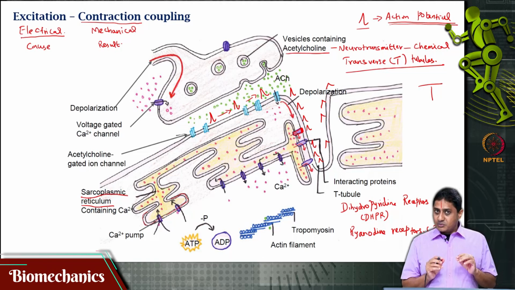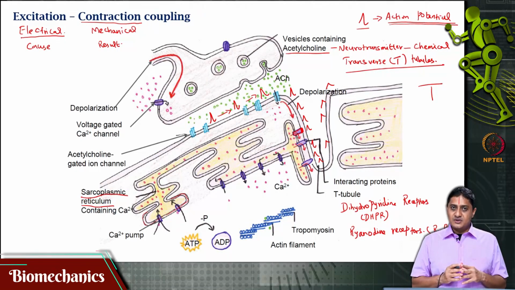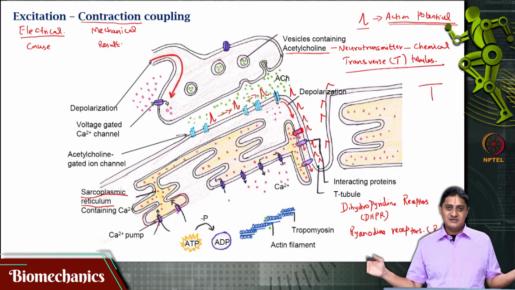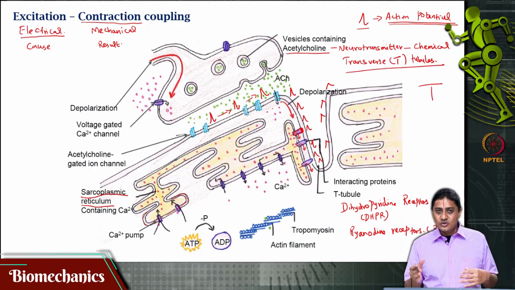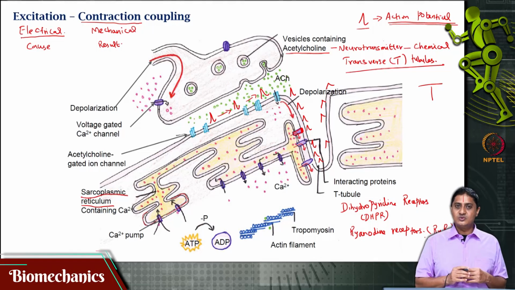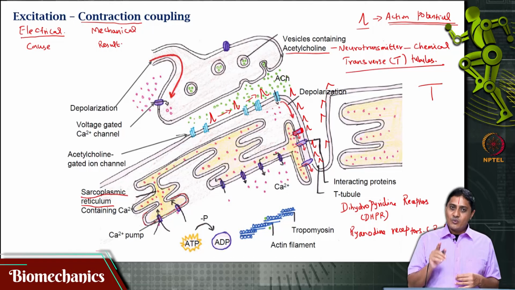So, let us review this one more time. Whenever the command is received from the neuron, an action potential is generated in the muscle cell, and this action potential travels along the length of the plasma membrane of the muscle cell, and as it is traveling, it will also go through the transverse tubule, or T tubule. In the T tubule you have one receptor that is sensitive to this action potential.